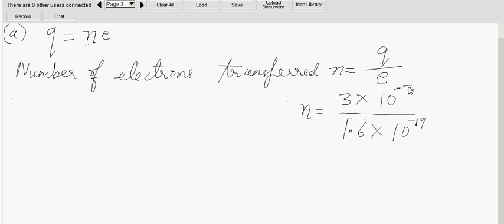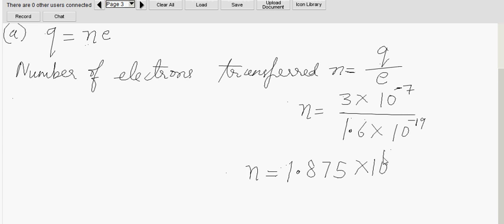Minus 7 minus 19, so it will become 10 to the power plus 12. Then 3 by 1.6. N will come equal to 1.875 into 10 to the power 12.